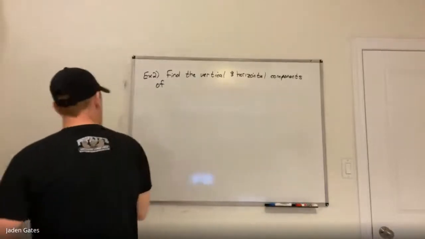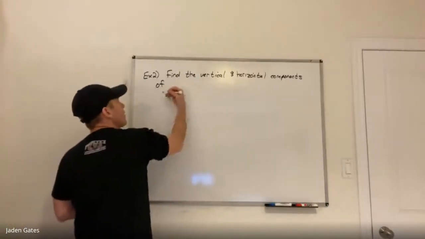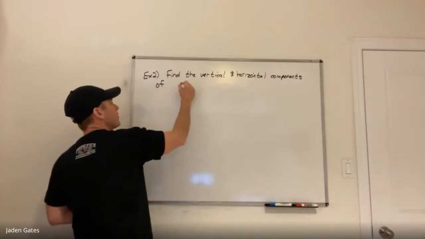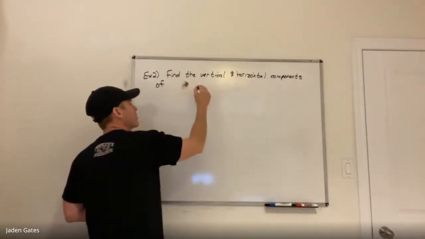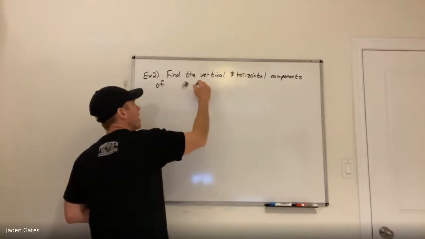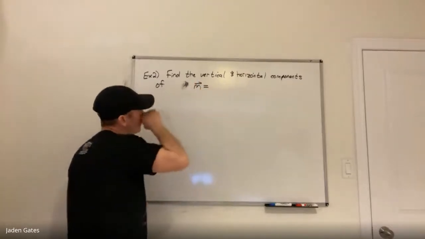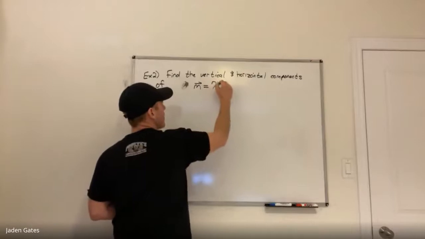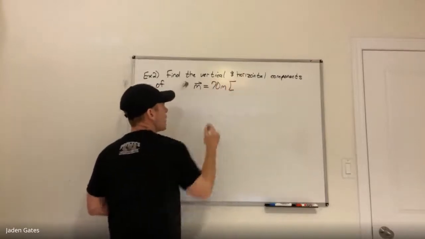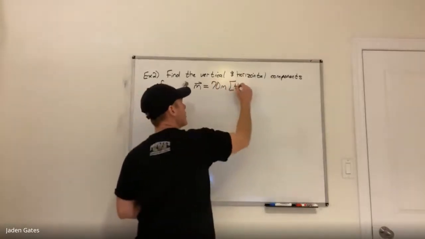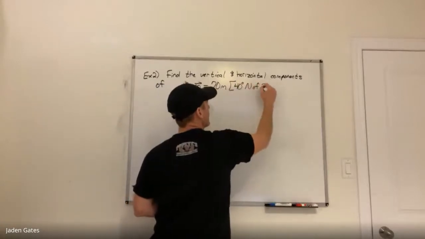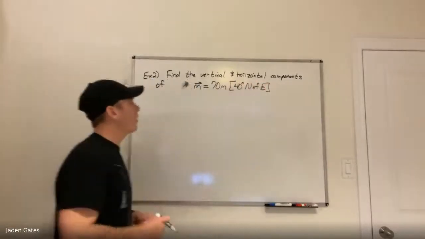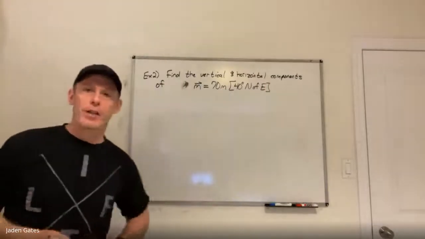Let's go with vector G. Well, actually, a bad one because that's gravity. I was going to do it for gates. Let's go with M. Vector M is equal to, let's go with just 70 meters. My direction, I'm going to say, is 40 degrees north of east. All right, so there's the vector, and I'm going to find the horizontal and vertical components of it.